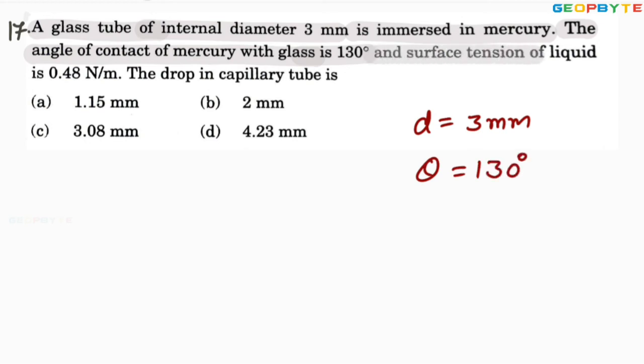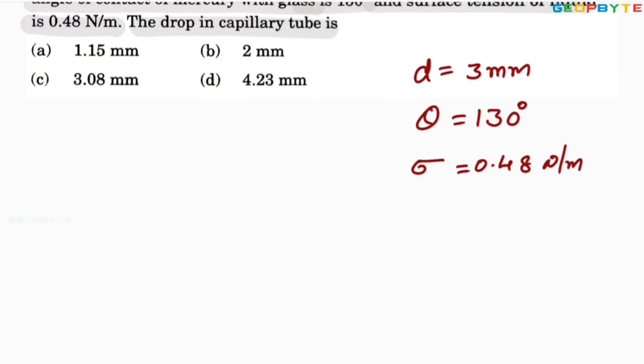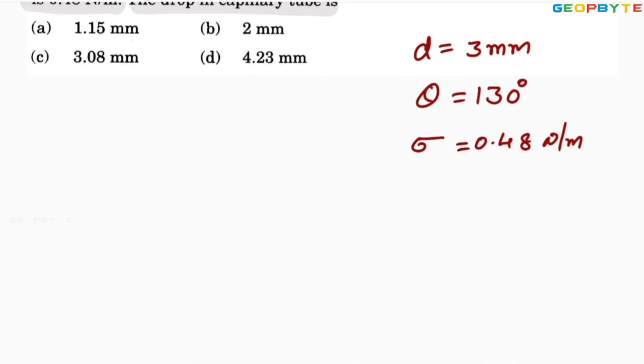And surface tension of the liquid, denoted by sigma, is 0.48 Newton per meter. The drop of capillary, meaning capillary depression, is how much?